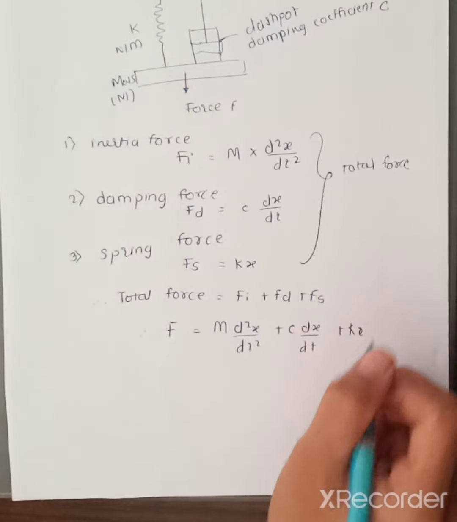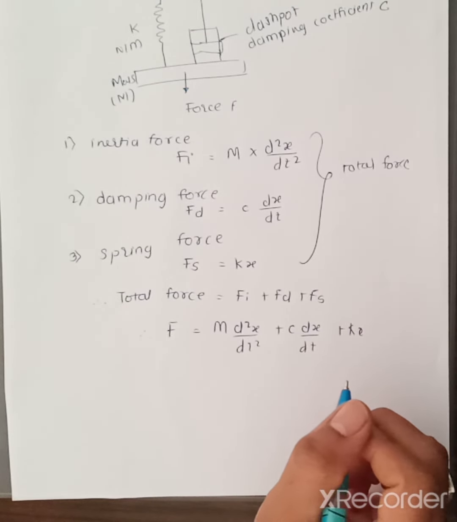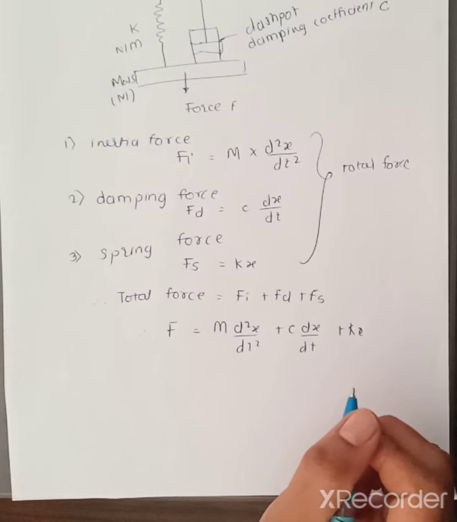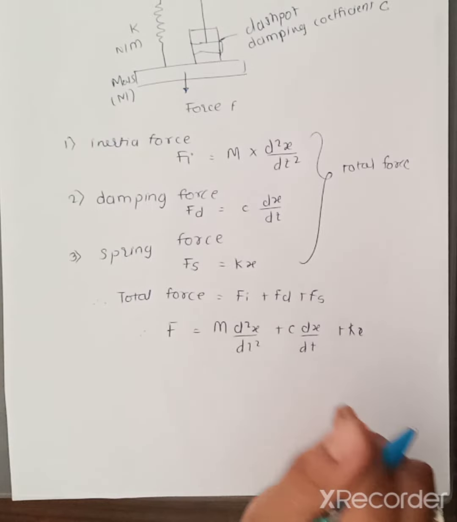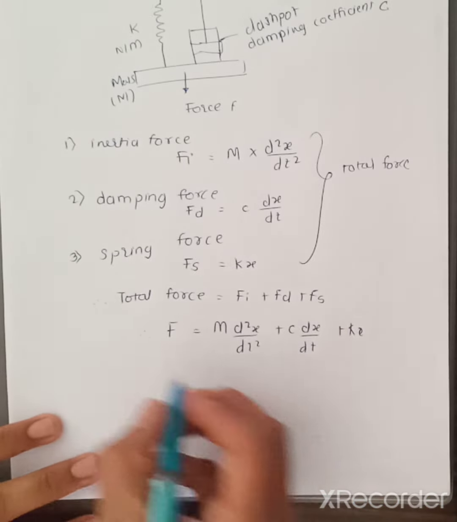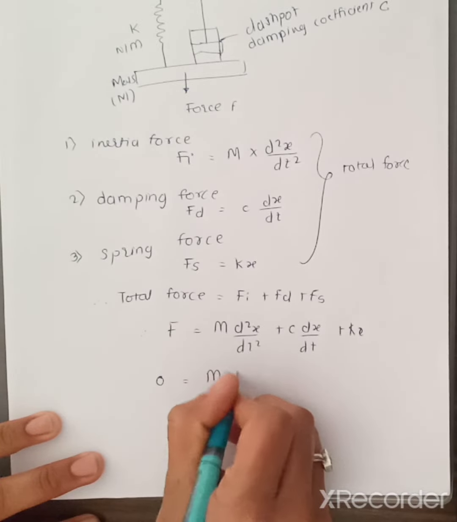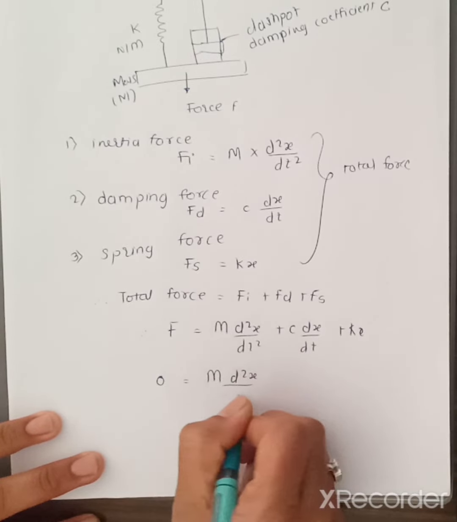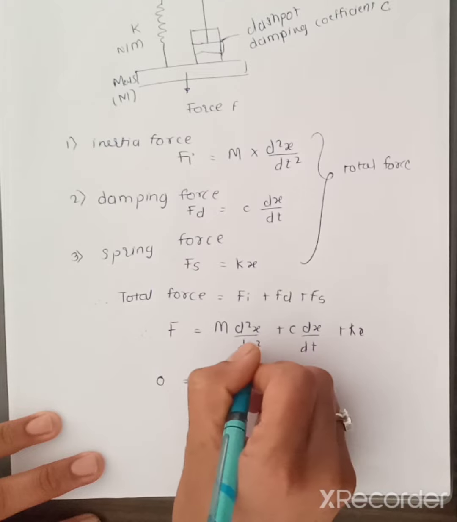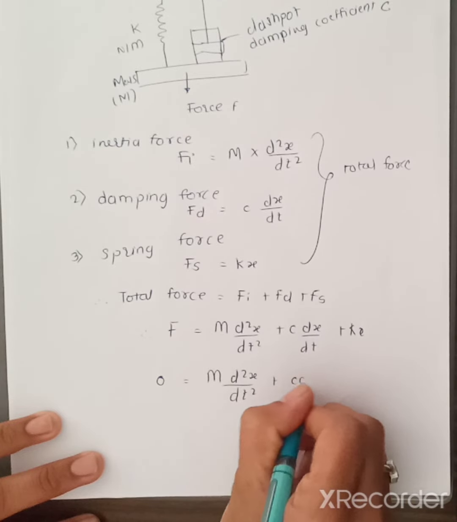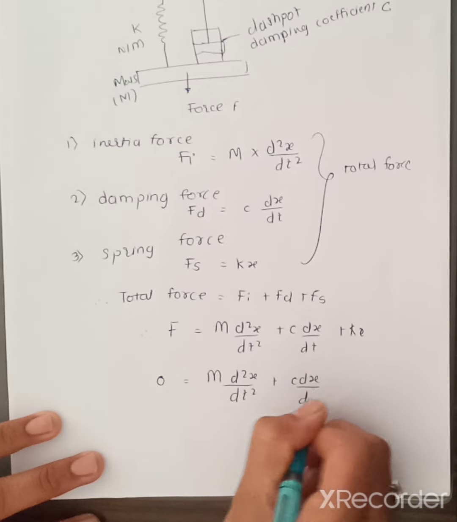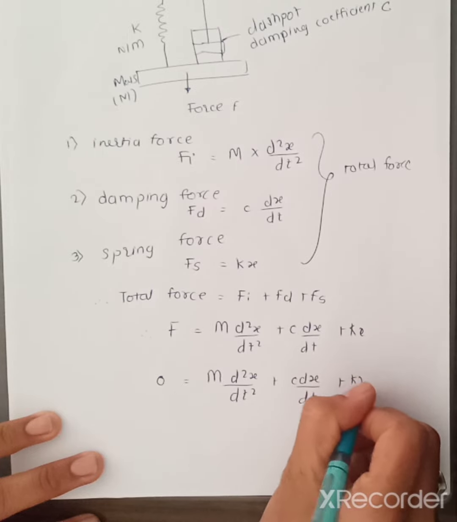As we all know, for free vibrations the applied force must be 0, for example when we let go of the spring. In such a case the total force will be 0. Then 0 is equal to m d square x upon dt square plus c dx upon dt plus kx.